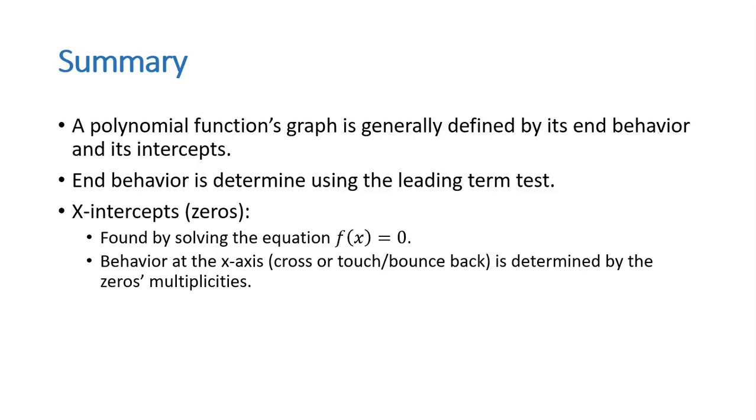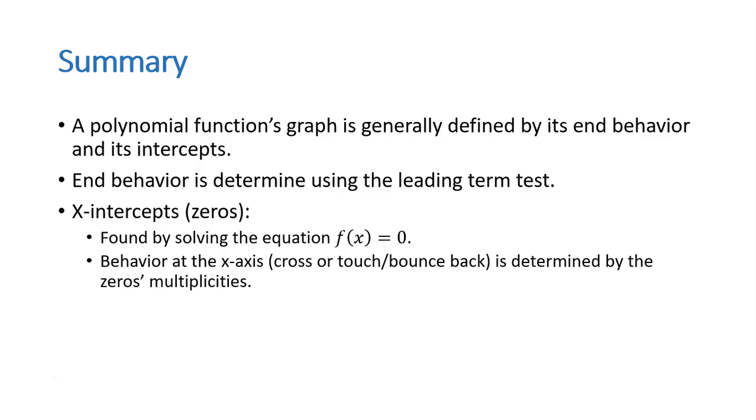And then behavior at the x-axis at those particular intercepts, we have 2 possibilities. We either cross the x-axis, going from positive to negative, or from negative to positive, or we can also touch and bounce back, which means we're starting from one side, either above or below the x-axis, and then we're just touching the x-axis and then turning around and going back where we came from.